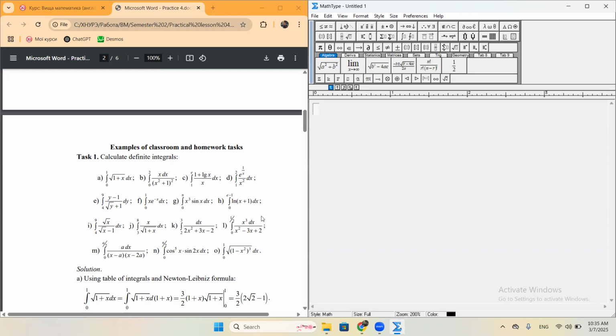Divide x cubed by this expression, but it requires a lot of time, and we will just receive, again, just integration of rational fractions. Now let's move to exercise M, and we will remember a little bit the method of undetermined coefficients.